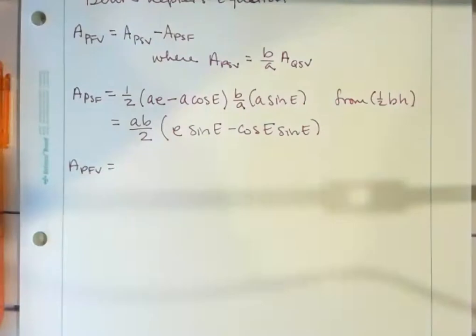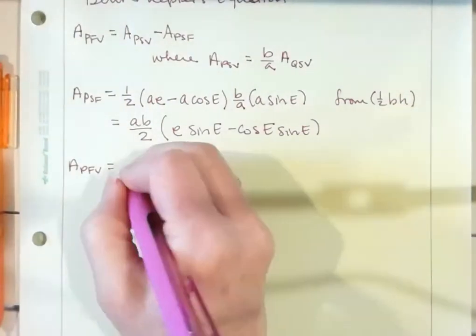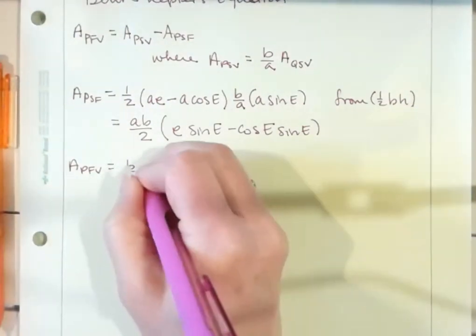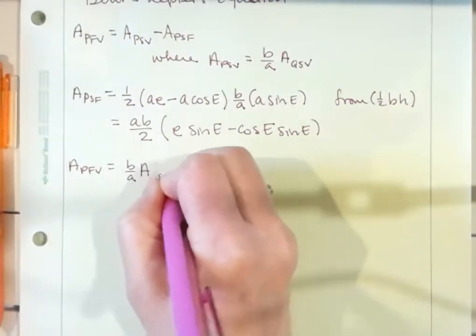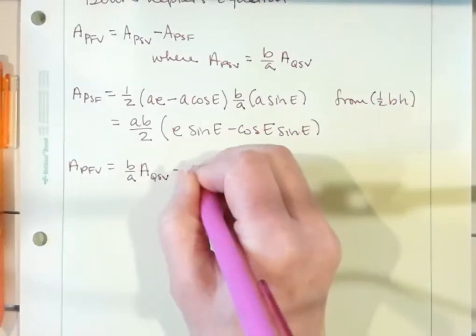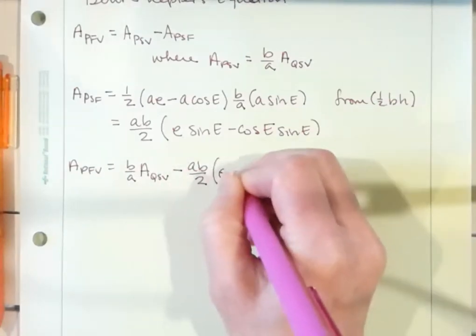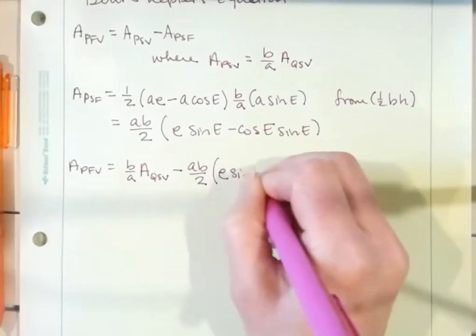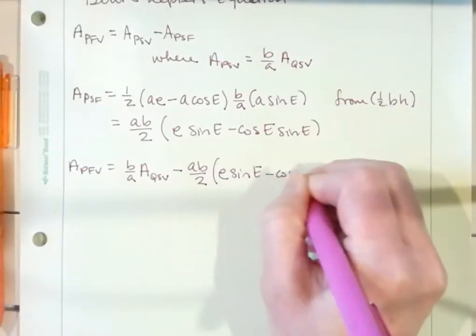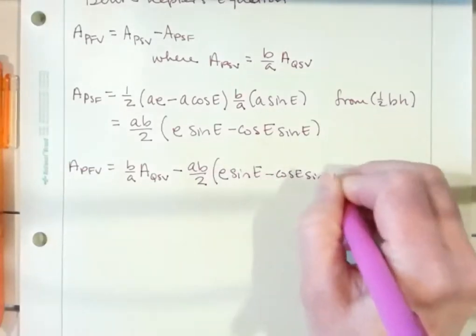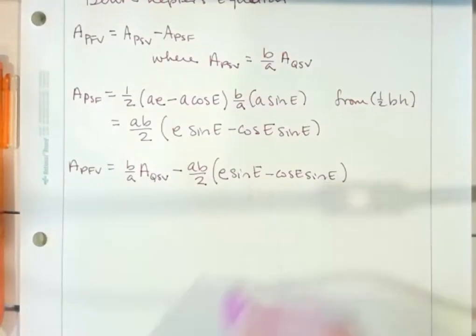That equation is going to be B over A times A of QSV minus AB over 2 times (E sine capital E minus cosine E sine E), where those last E's are the capital E, the eccentric anomalies.